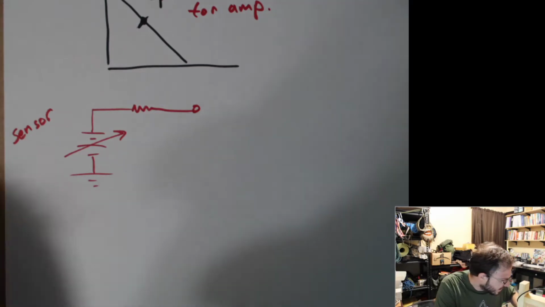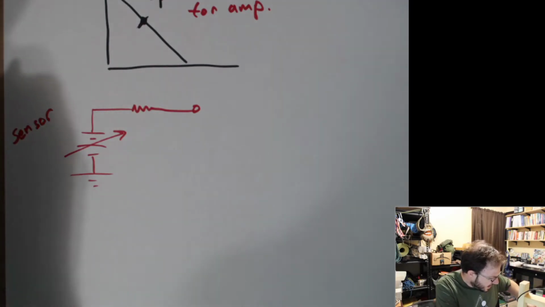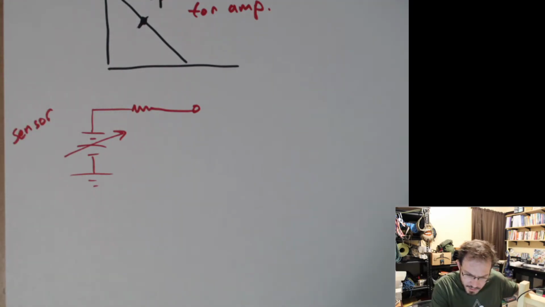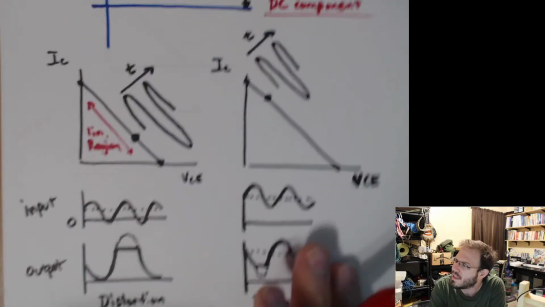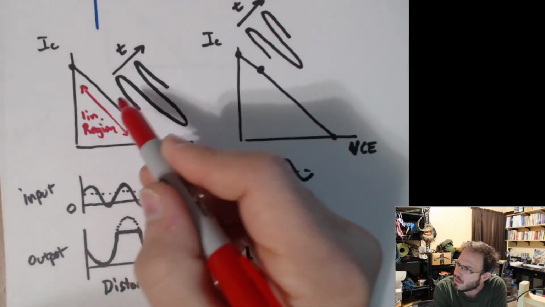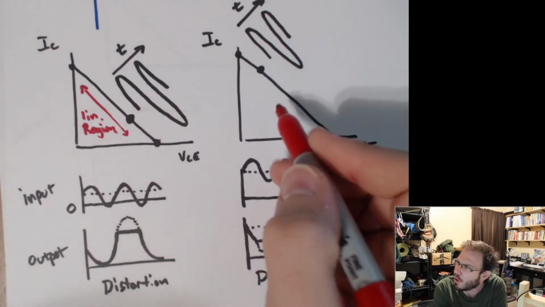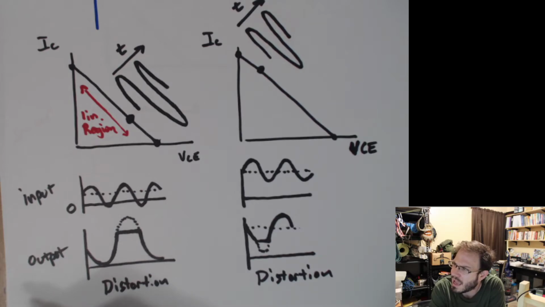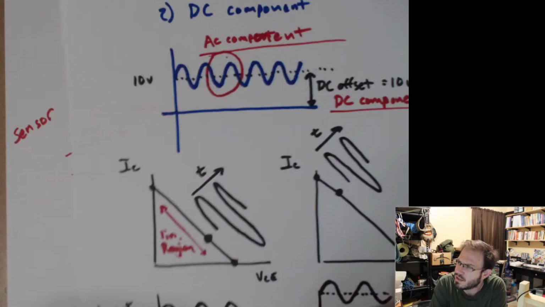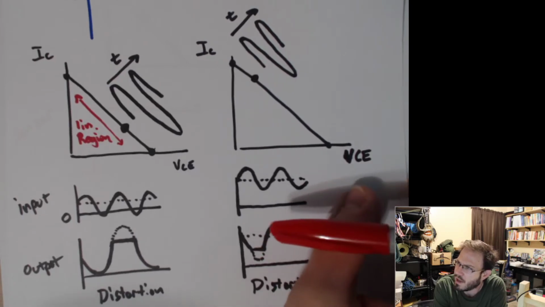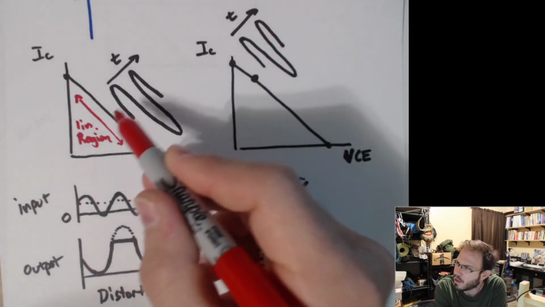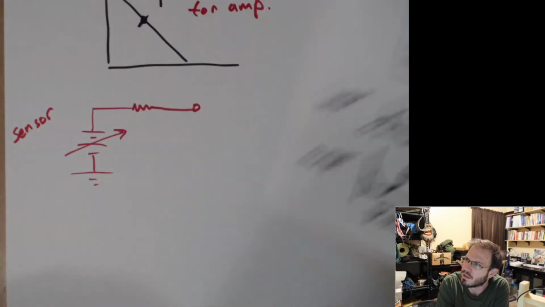But keep in mind that we have to live with this idea that we want our DC offset to be right here in the middle where our transistor is being biased. Well, our sensor does not know that we are connecting it to an amplifier that has a DC offset where our Q point is right in the middle.